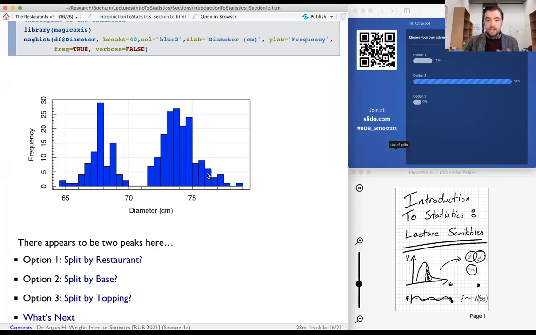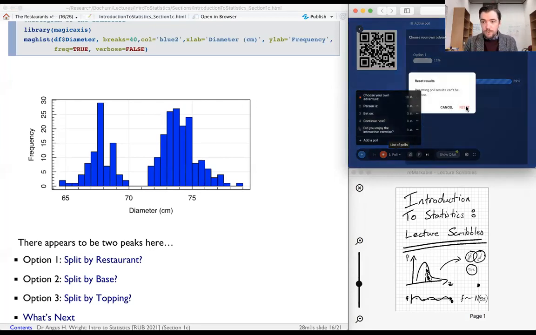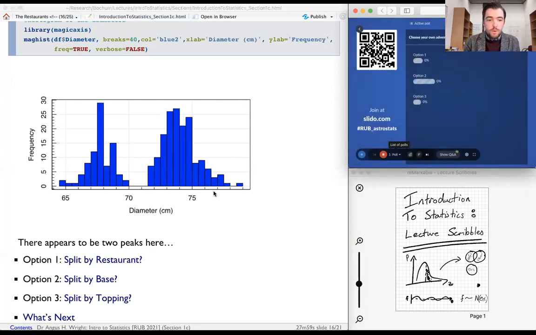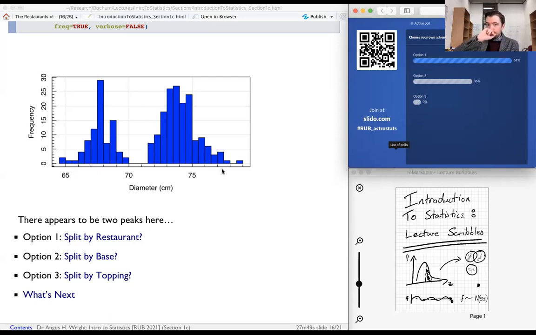Okay, and that additional quantity could be restaurant, base, topping, right? Because those are the 3 things that we have in our data set. So resetting the results again, do we want to look next at the distribution of these data split by restaurant, by base, or by topping?